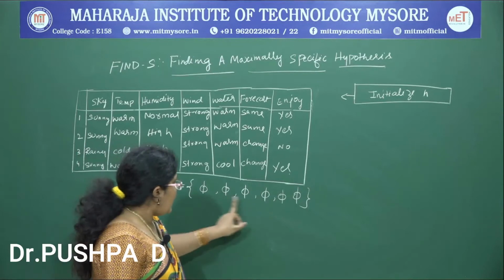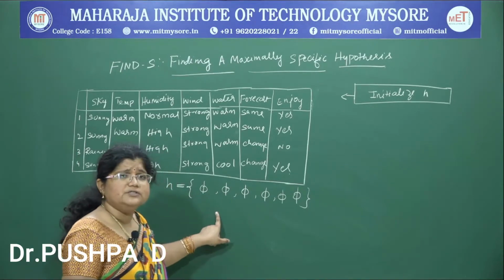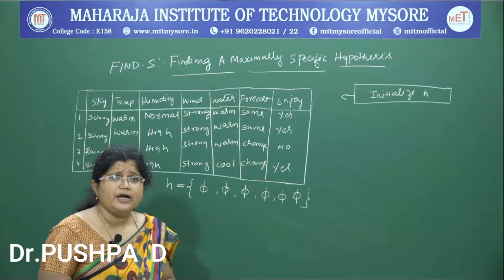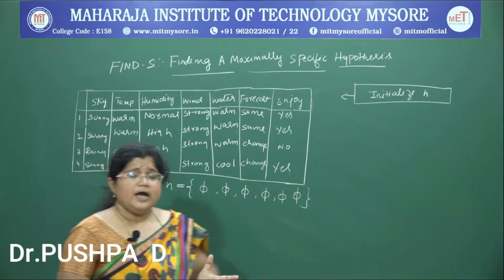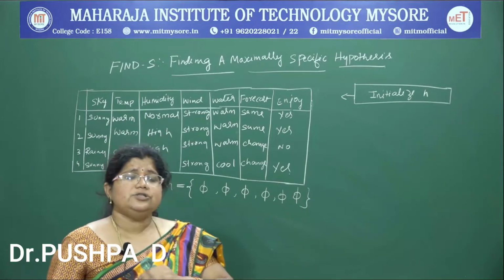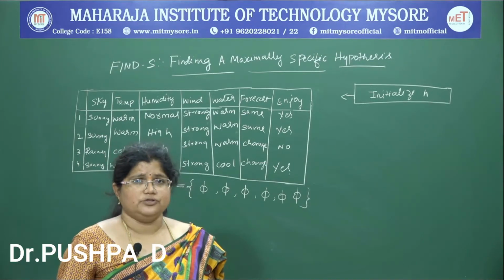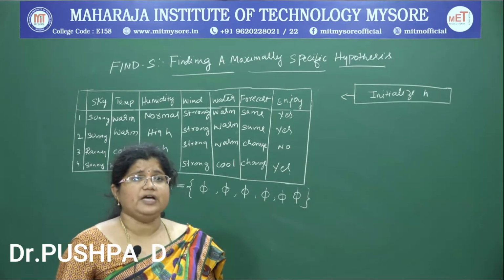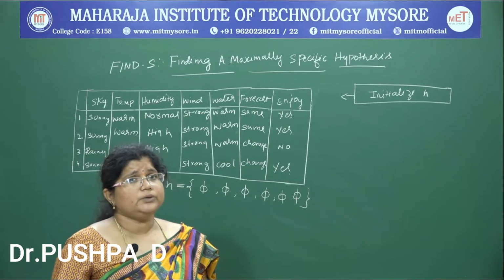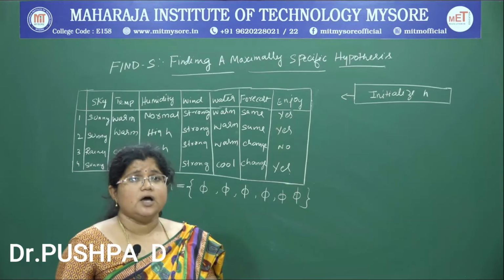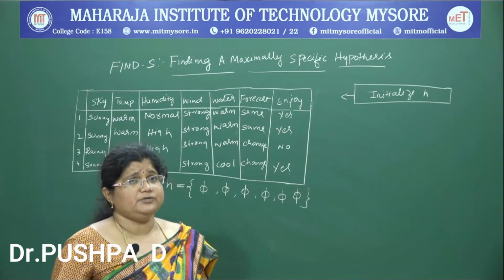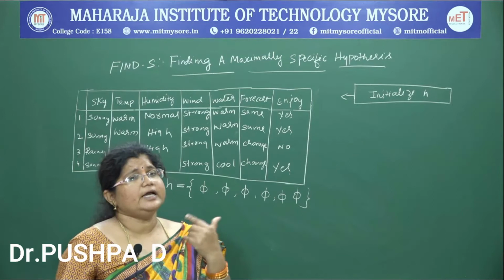The hypothesis phi is not going to address any of the training examples, because phi indicates that it does not accept any values. So it is the most specific hypothesis. We need to convert this to the maximally specific hypothesis, so that it can address the given data set.